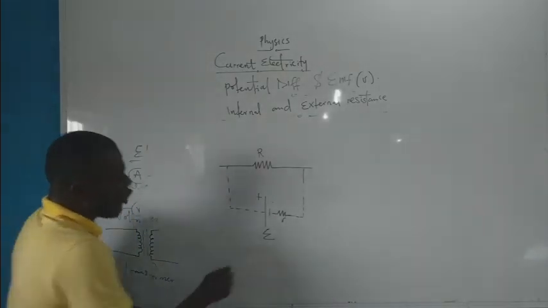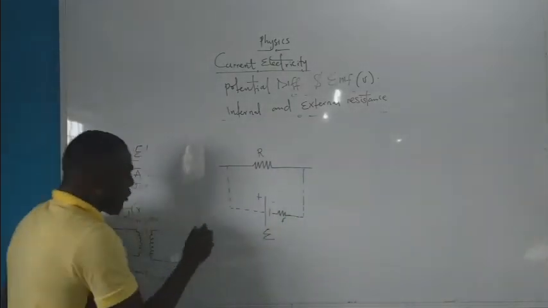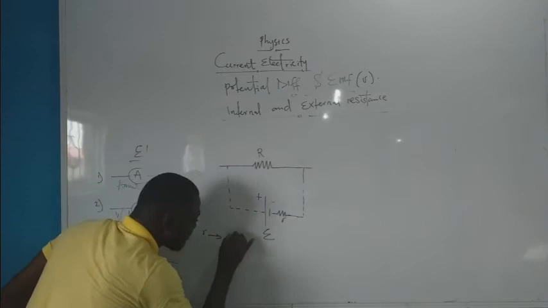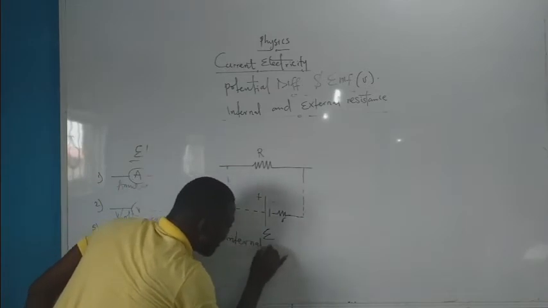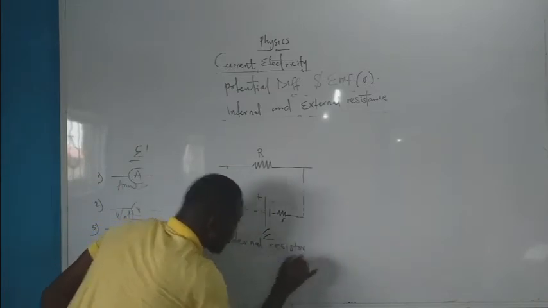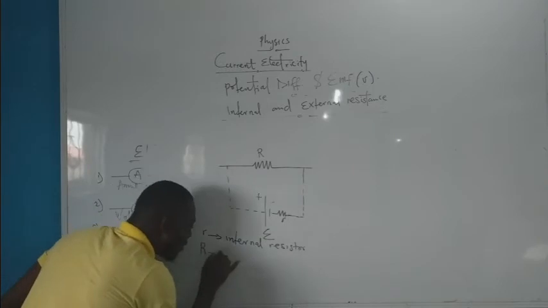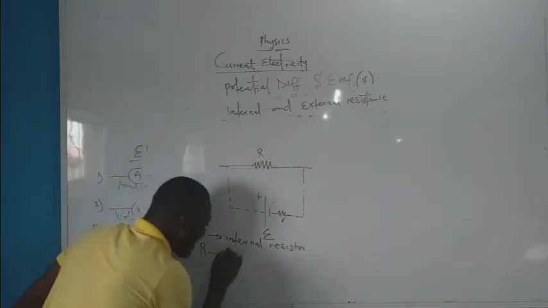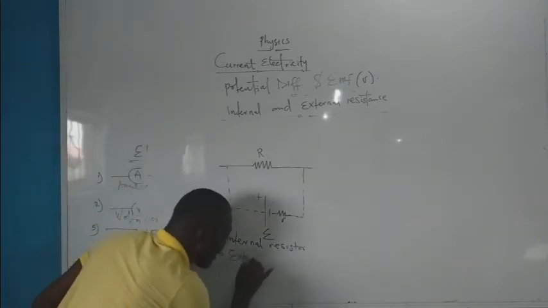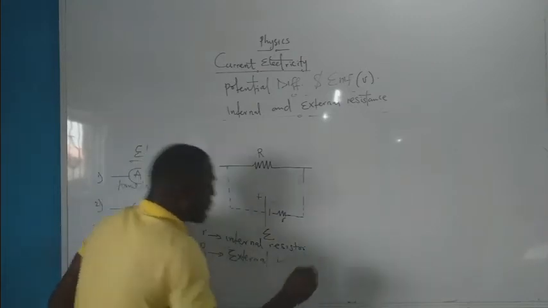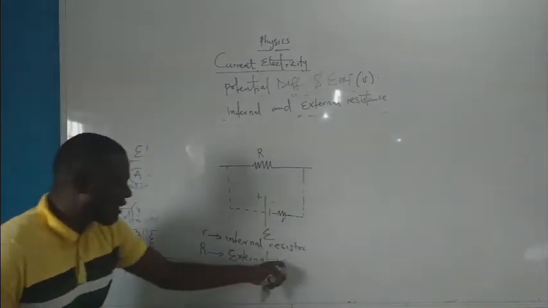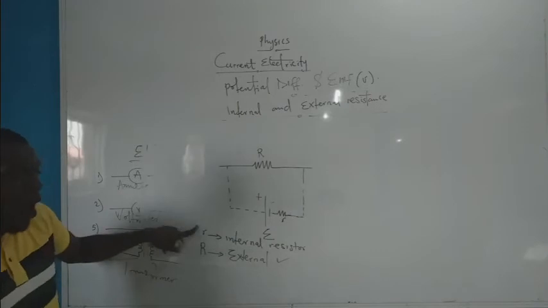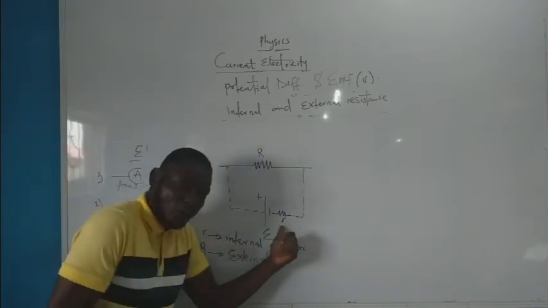So this is the external resistor, where R is the external resistance or resistor, and small r is the internal resistor.